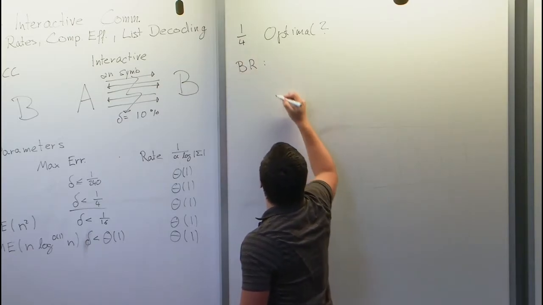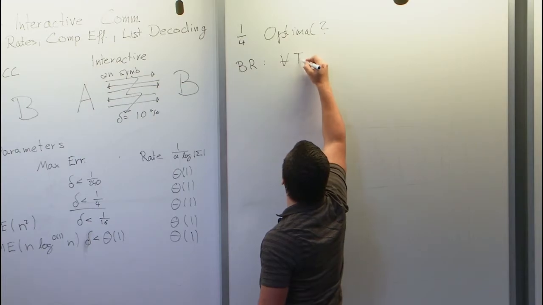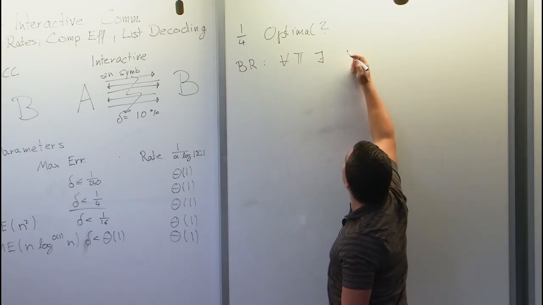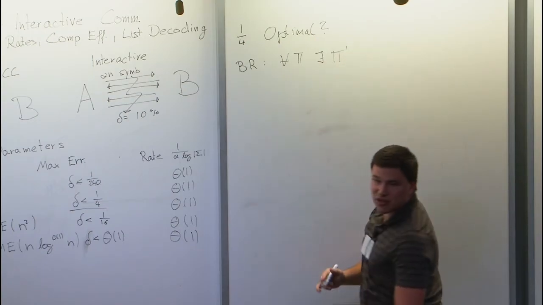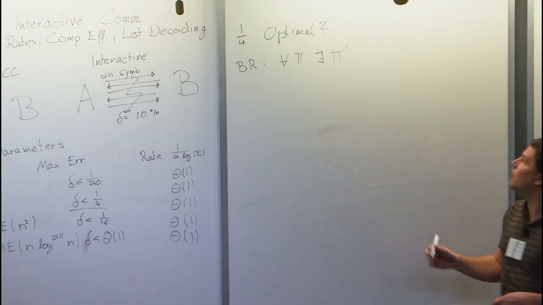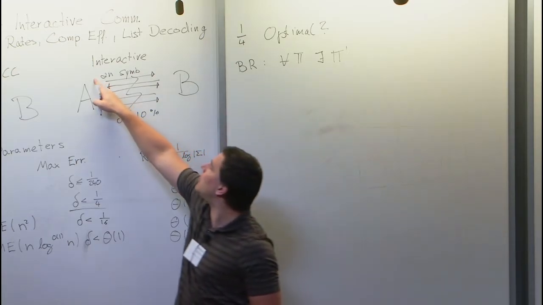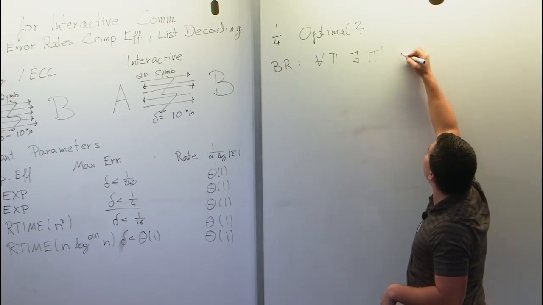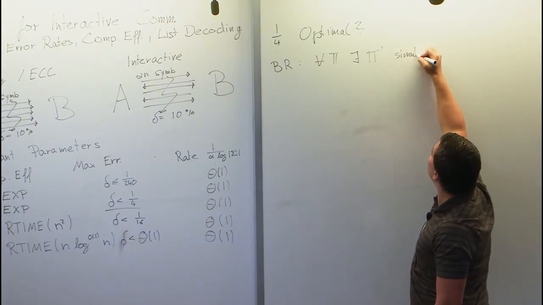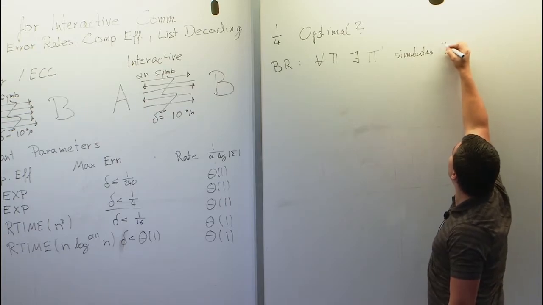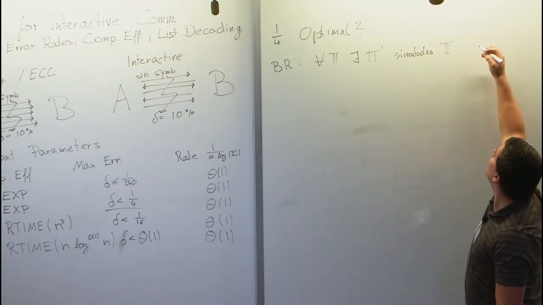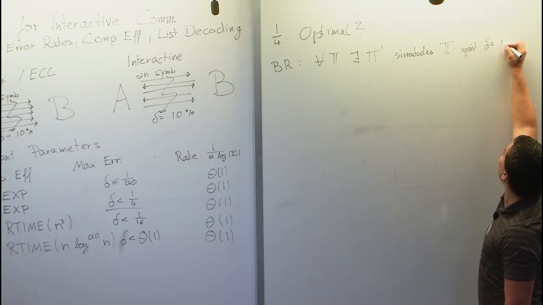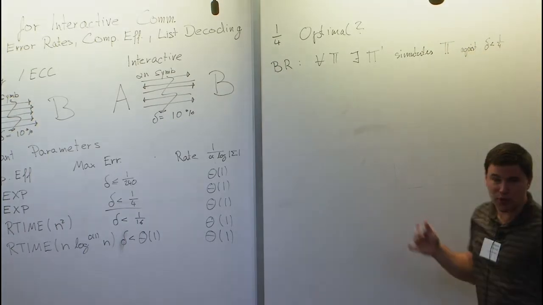What we know is that for every protocol pi, there exists a protocol pi prime, which is similar in rate, similar in the number of rounds that it uses, which simulates pi against anything that's less than 1/4, right? 1/4 minus epsilon.